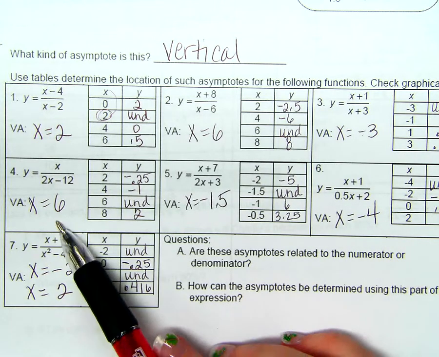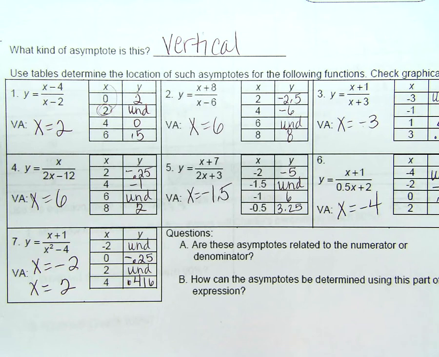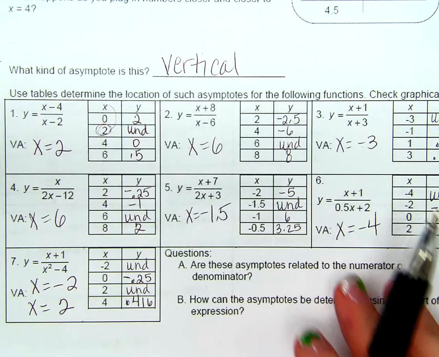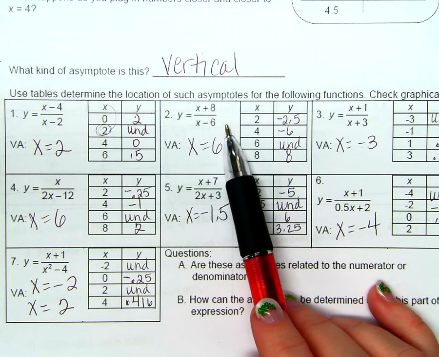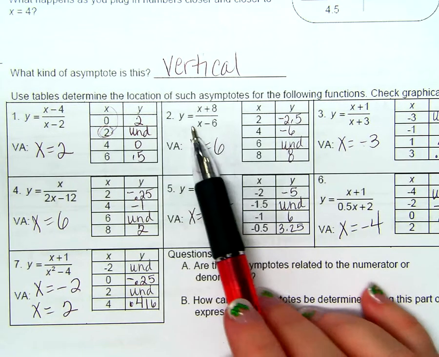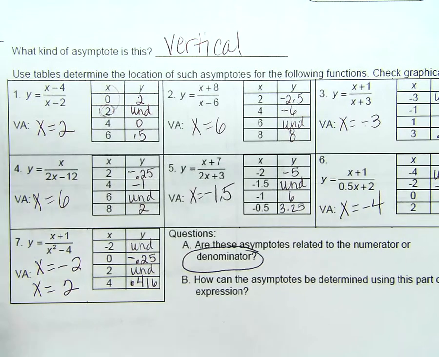Are the asymptotes related in any way to the numerator or the denominator? What do you see? So if I put this into the denominator and it equals 0, that's what the asymptote is, right? So it's clearly related to the denominator.